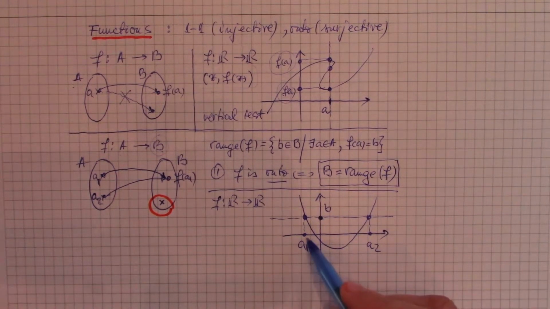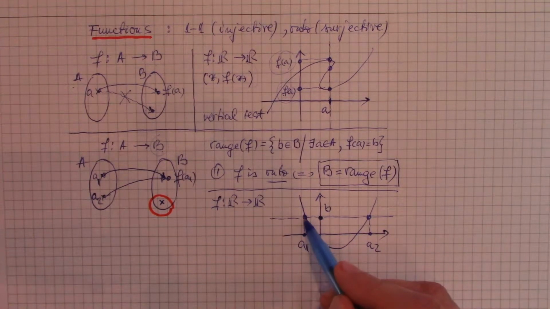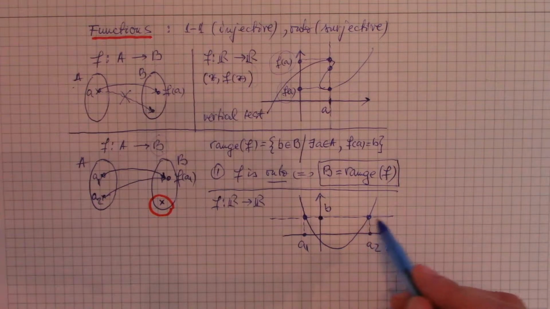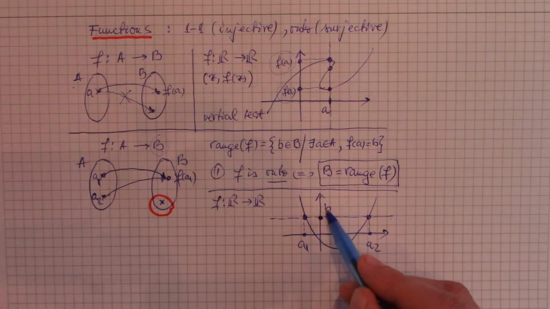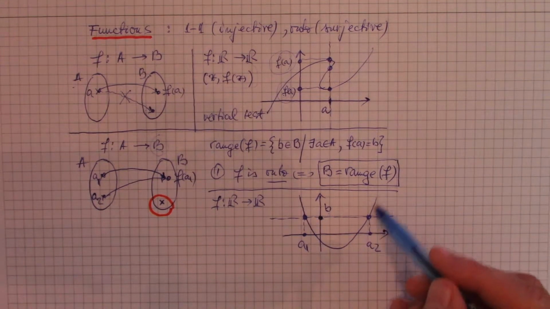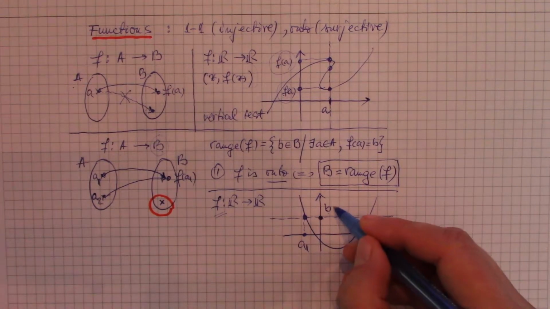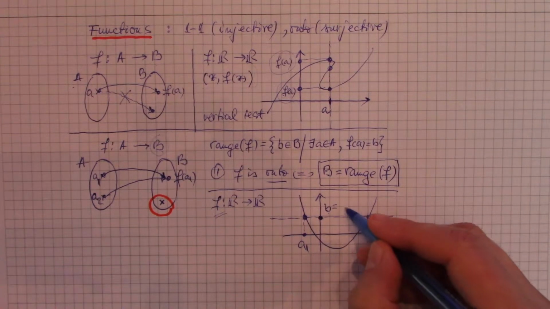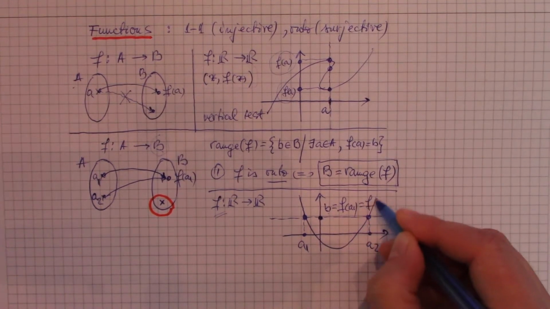All right, so now we've got 2 different points, a1 and a2, but because we obtained these 2 points by drawing a horizontal line, the y-coordinate of this point is B, and the y-coordinate of this point is also B. Okay, but then again we said that this is the graph of a function f, so B is equal on one hand to f of a1 and is equal to f of a2.